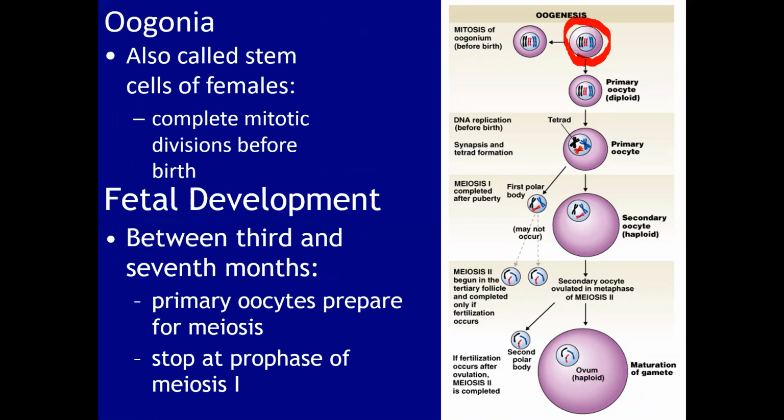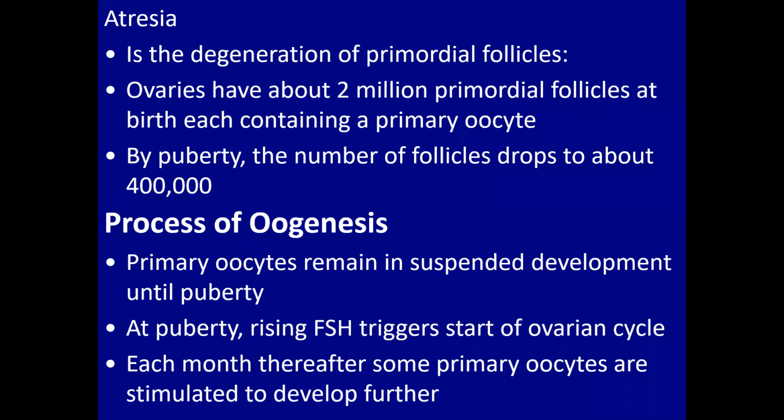And that oogonium will go through mitosis and produce 2 daughter cells, one that will remain as an oogonium and one that will go through the process of oogenesis. Between the 3rd and the 7th months, these primary oocytes that you can see right here will prepare for meiosis, but they stop at prophase of meiosis I. So this is where the stop occurs.